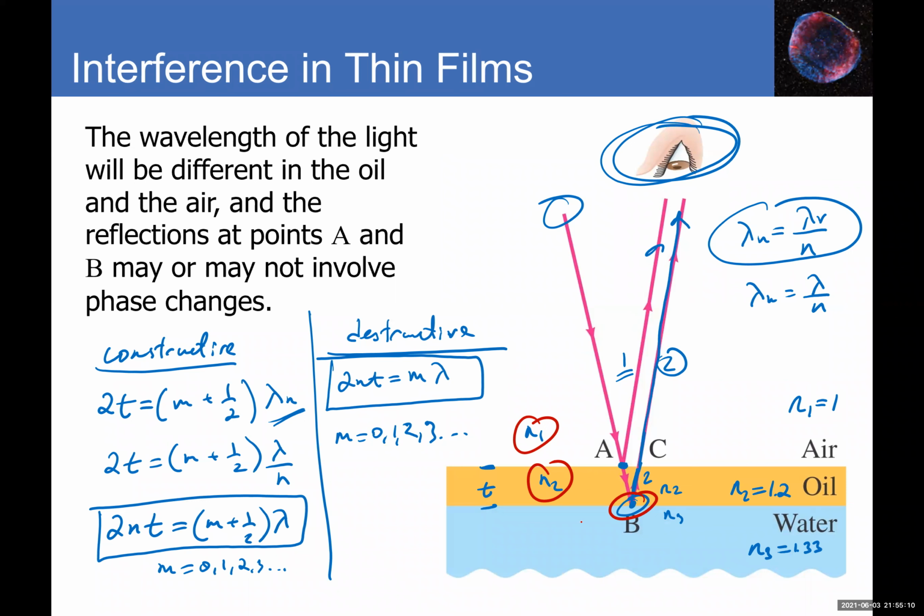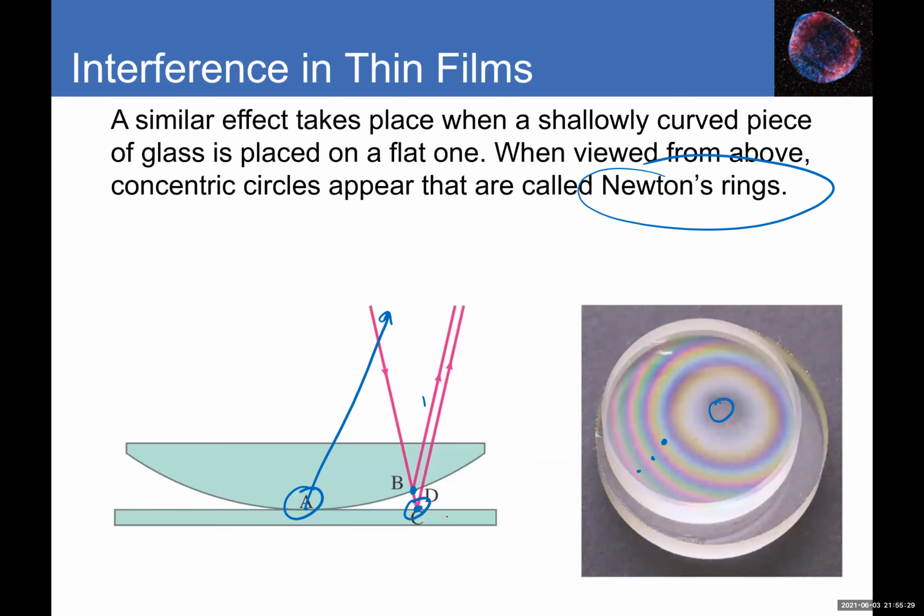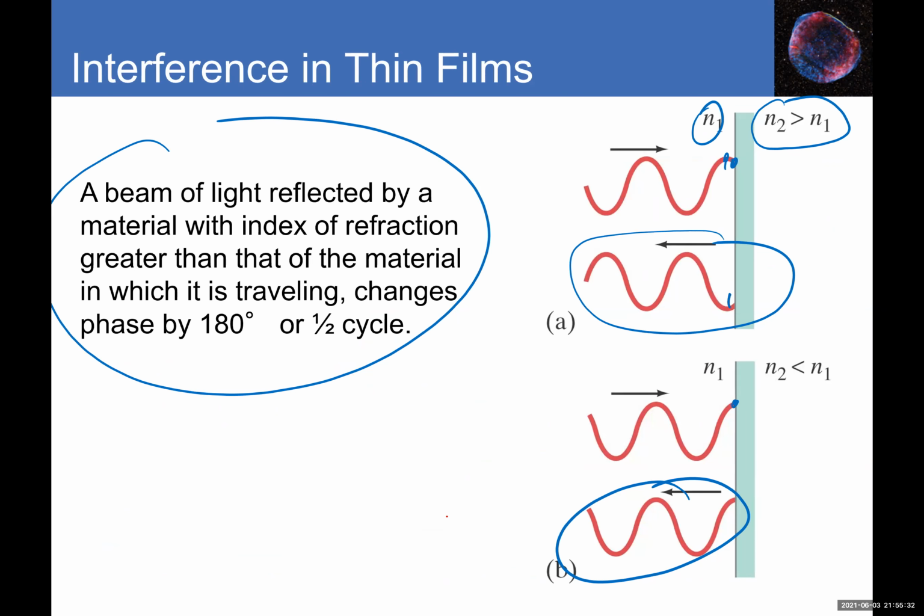That means what equation should I use over here? Well, 2t equals m lambda over n. Then this equation is for the constructive, and the other one is for the destructive, because I have two reflective phase changes. Remember, when n2 is greater than n1, you have a phase change, so the reflected light is out of phase.